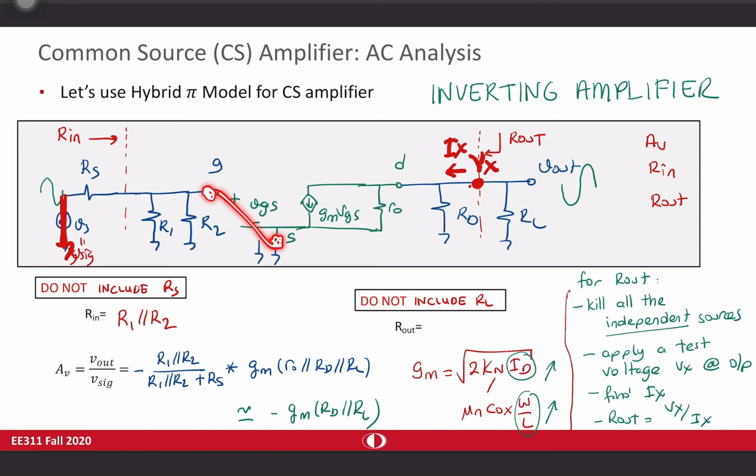VGS is equal to 0, which means that I don't have any current passing through this dependent current source. It's going to behave like an open circuit. So when you take a look from here, you see only this resistance and this resistance. So Rout is equal to RD in parallel with R0, which is approximately equal to RD.